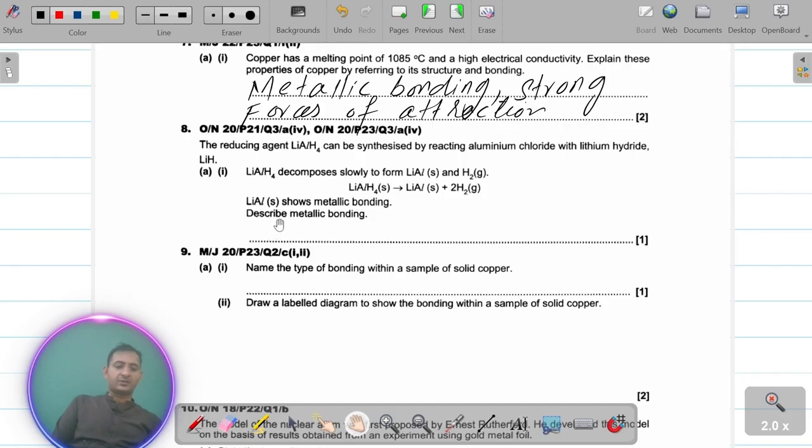Describe metallic bonding. So how to describe this metallic bonding? We can say cations, positive ions, are surrounded by delocalized electrons.